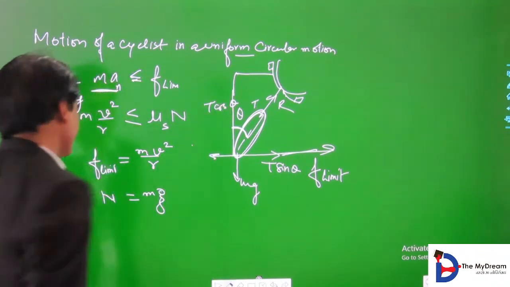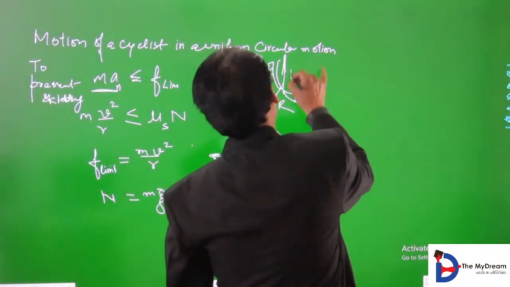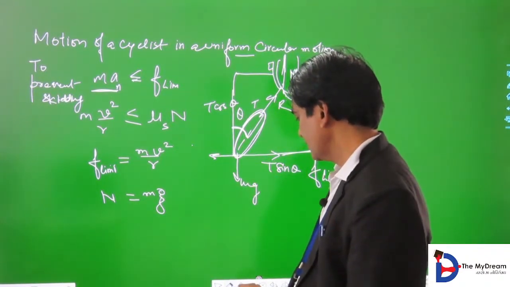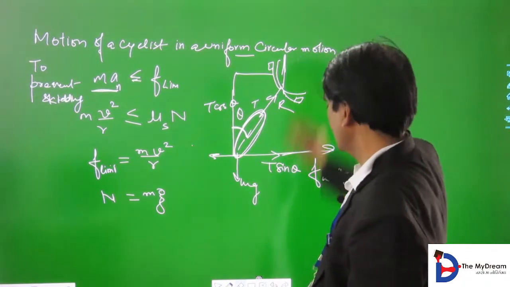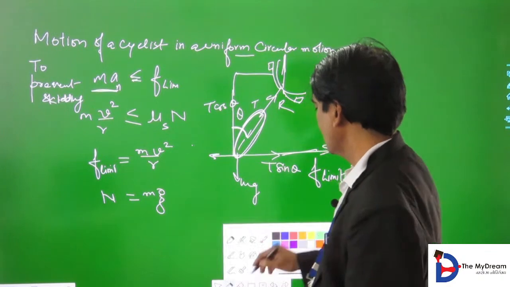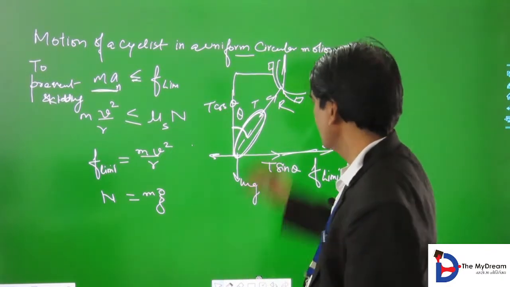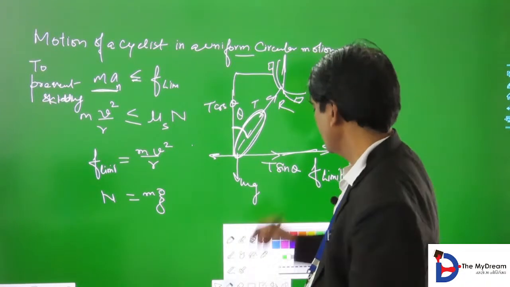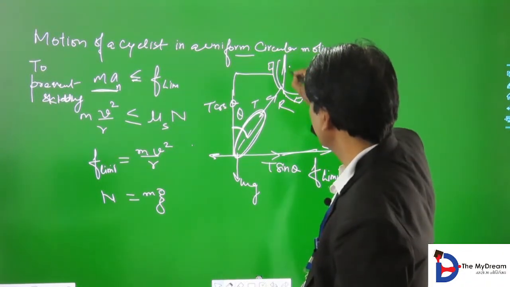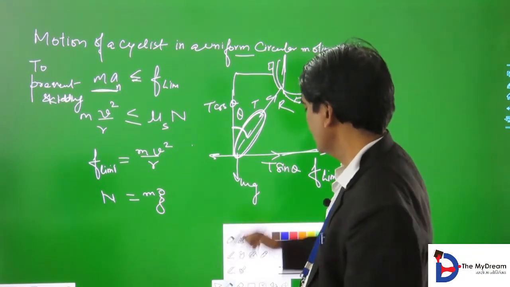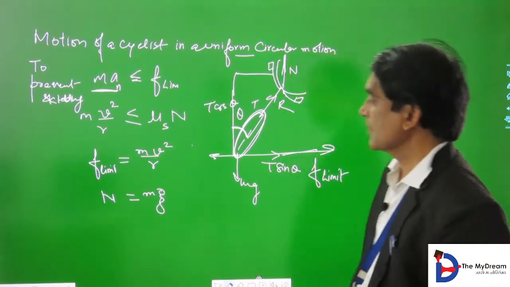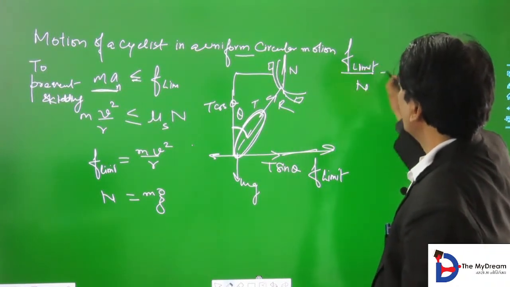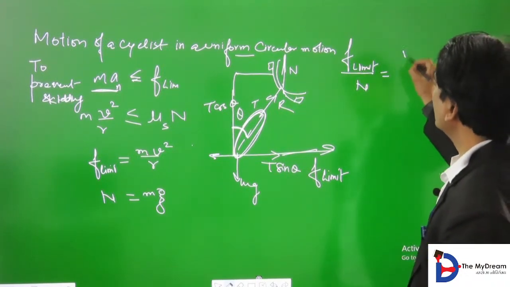This is a normal, तो इधर ही बनाओगे ना, यहाँ बना लो, नॉर्मल, ठीक कर देते हैं। So F limiting force of friction divided by this, then you will get V square by GR.